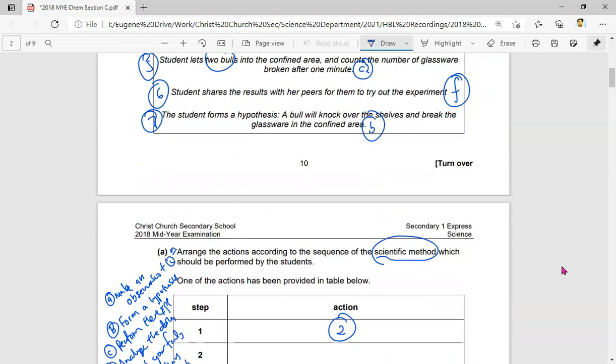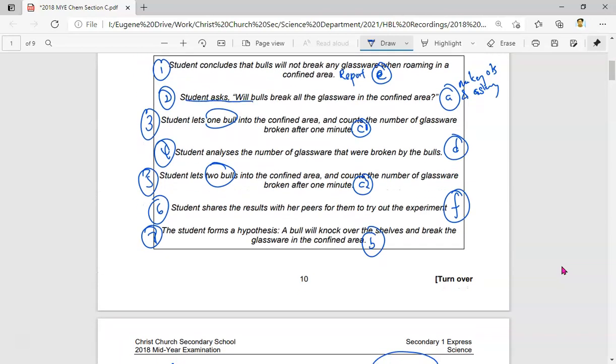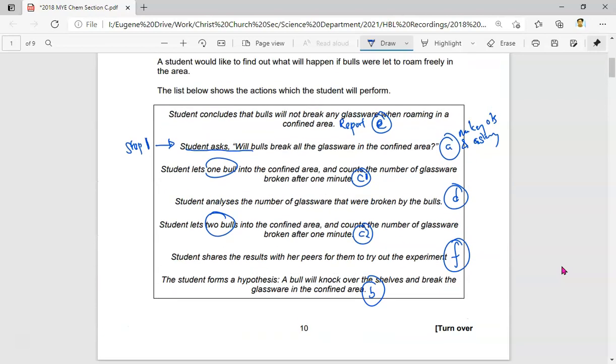The first step is actually about the student asking the question, so this one is step 1. I'm going to erase all of this just to prevent confusion. So you can write step 1 over here.